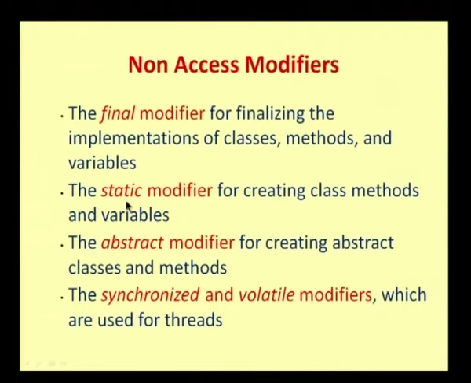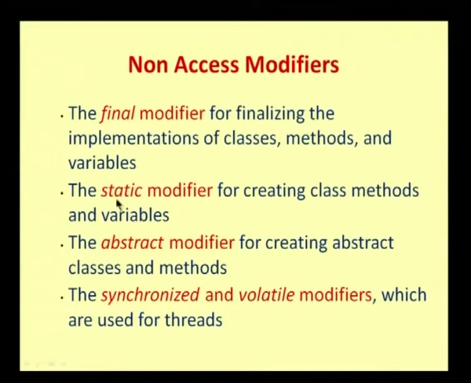So what is static? Already we have seen that public static void main is the prototype of your main method. Static is a modifier which specifies that this particular variable or block will be created even before creation of the class, and the value of this static variable could be changed by any of the objects of that particular class.